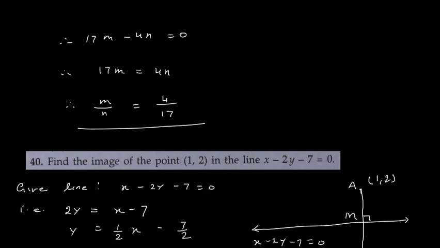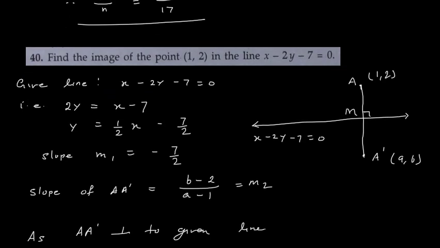We draw the perpendicular from the given point, and where it cuts the line will be the midpoint of the segment formed by the point and its mirror image. So using the concept that the product of slopes of two perpendicular lines is minus 1, and using the midpoint formula, we can frame two equations, and we can solve them and find the required point.